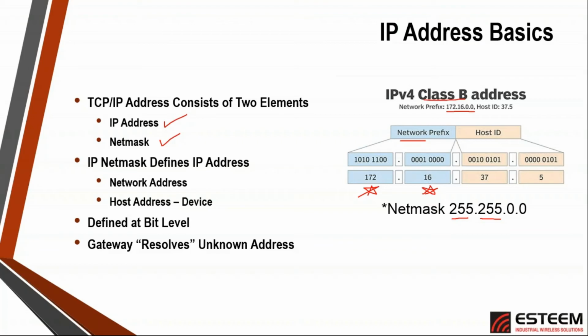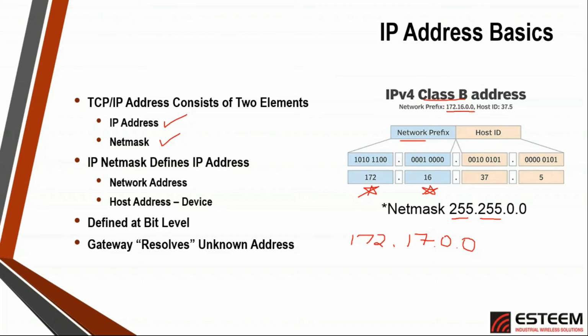So what's important to get out of this is that when we start looking at a router, when we're talking about a different subnet, what we're identifying it by is something that has changed within these first two numbers. So if we have an address that's 172.17 instead of 16, that is considered a different subnet, or a different network name.